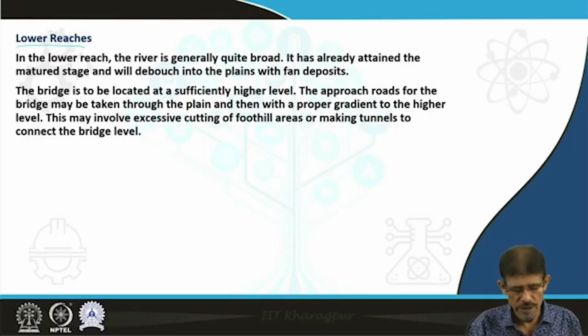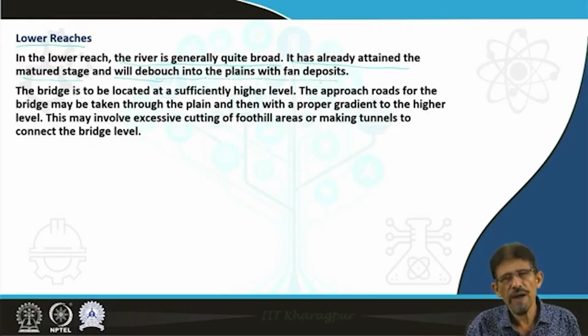So in the lower reach, the river is generally quite broad and has already attained the maturity stage and will debouch into the plain, with fine deposits consisting mainly of silt and clay type of material.